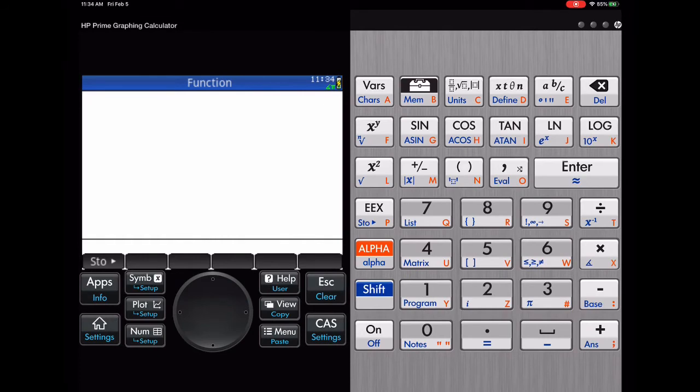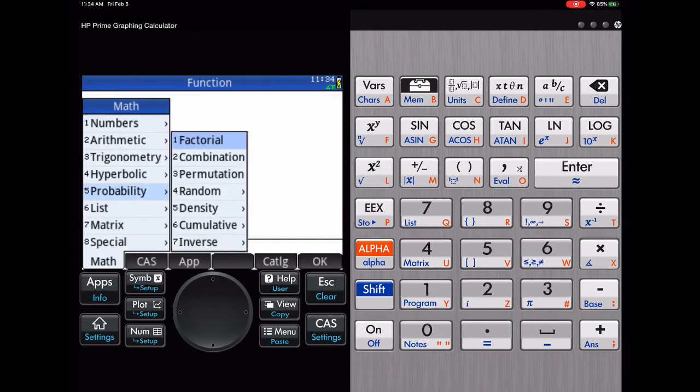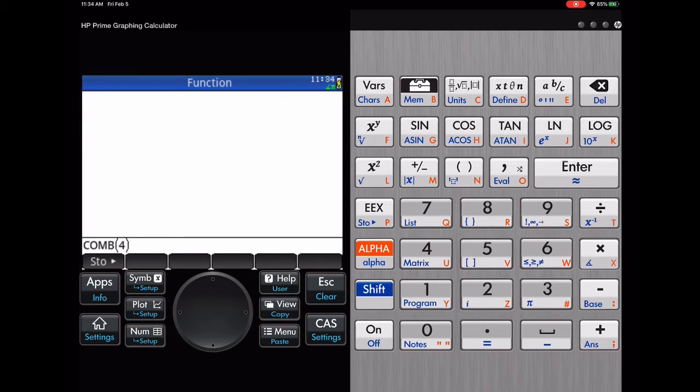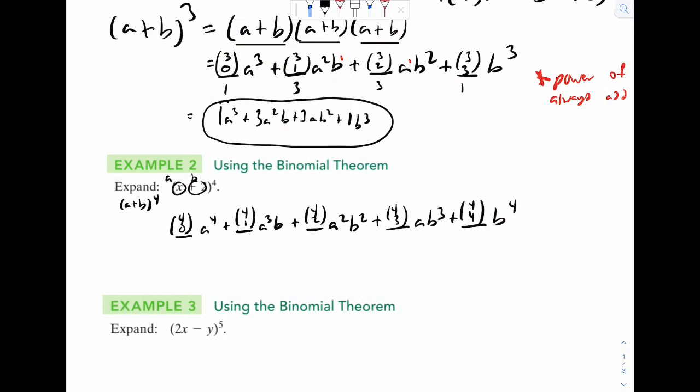We're going to go to Toolbox, Probability, Combination, 4, comma, and we're going to use a special bracket, Shift 8, that's a squiggly bracket, and we're going to put 0, comma 1, comma 2, comma 3, comma 4. That's going to calculate everything in one shot: 1, 4, 6, 4, 1. So that tells me these are going to be 1, 4, 6, 4, 1.